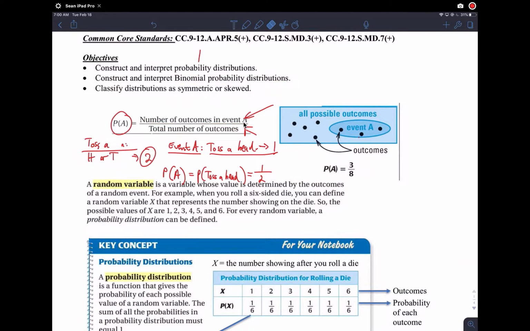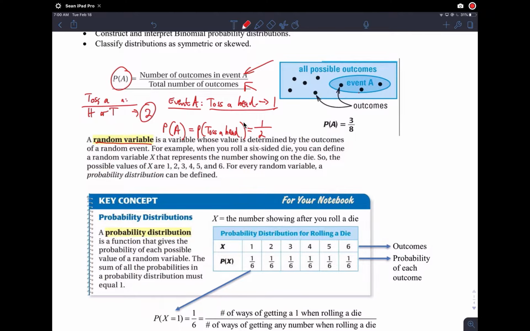And then we want to talk about a different concept, which is a random variable. It's a different concept. Now, a random variable is a variable whose value is determined by the outcomes of a random event. All right. So in this case, we had tossing a coin. I had 2 options. I can either get a head or a tail.